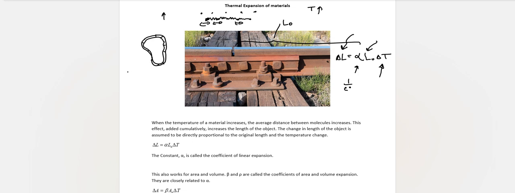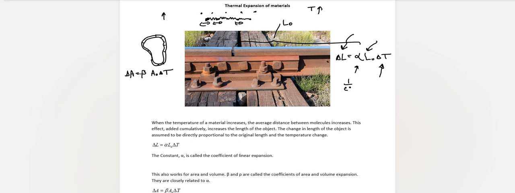So you'll have some sort of change in area for this object. And in a similar sense here, we can say that the change in area is directly proportional to the original area and the temperature change. And the proportionality constant is usually denoted with the Greek letter beta. That's called the coefficient of area expansion.